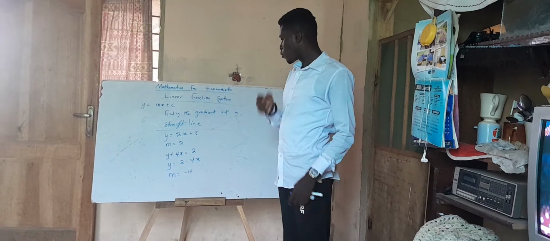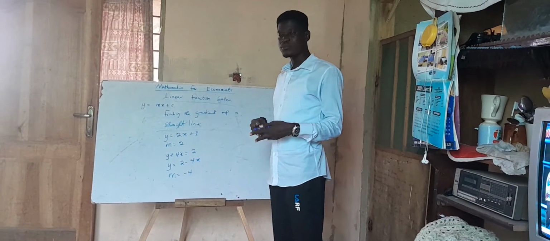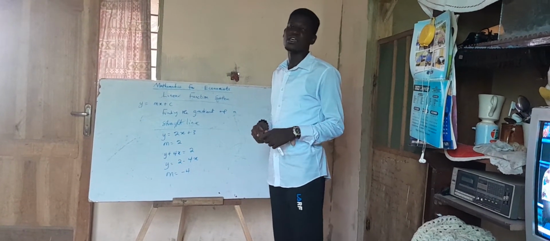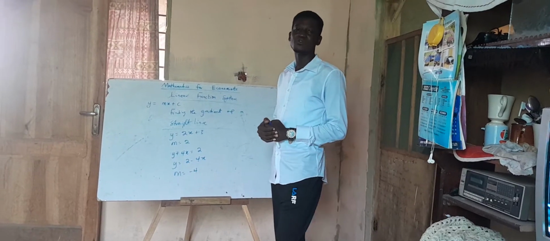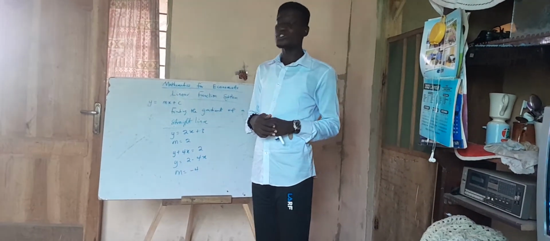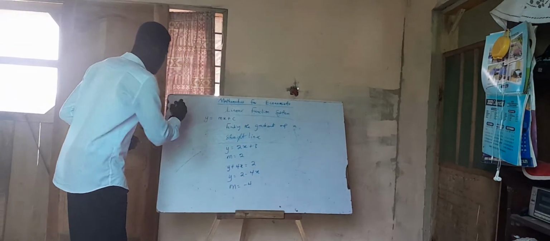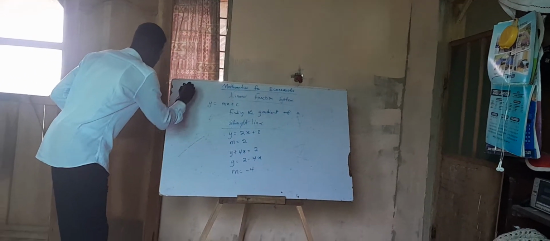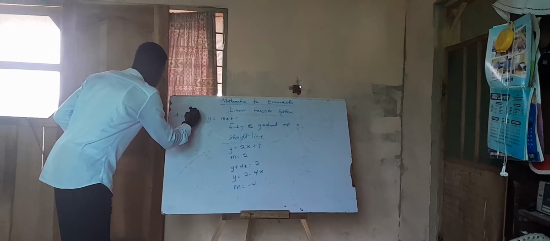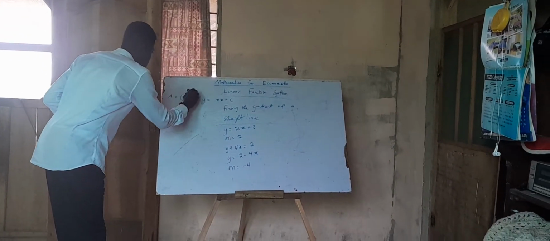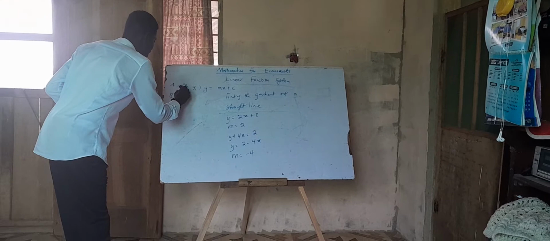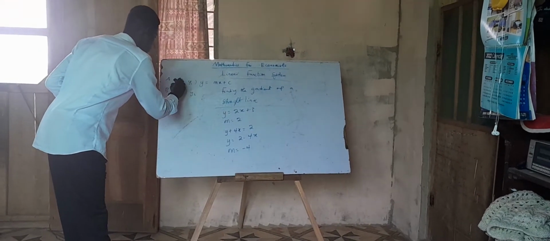Good. Now we are going to look at when you are given two coordinates and asked to find the gradient. Let's say we have a coordinate A equal to (x1, y1) and another coordinate B equal to (x2, y2).